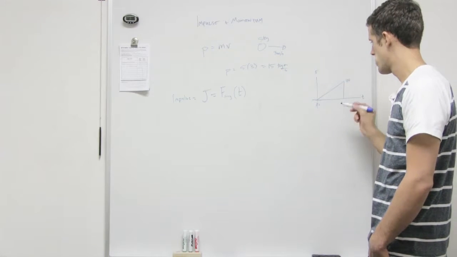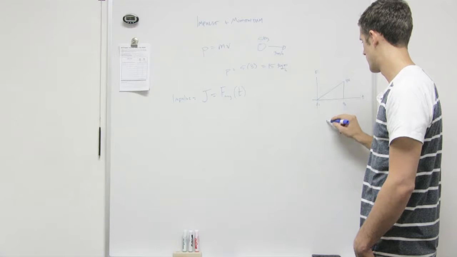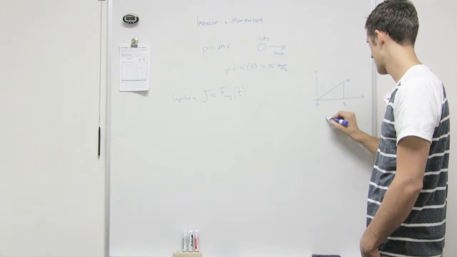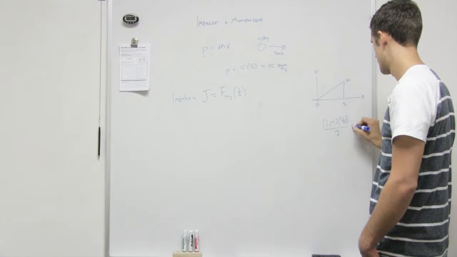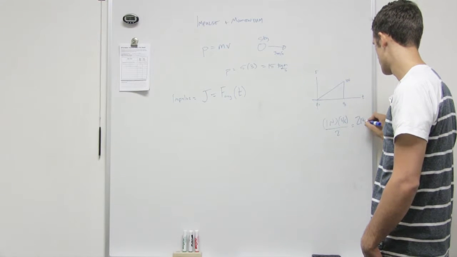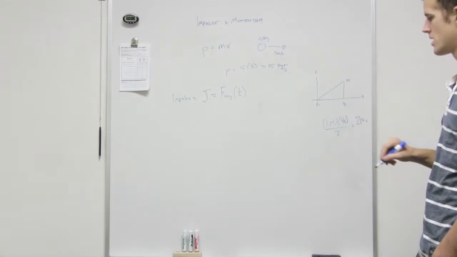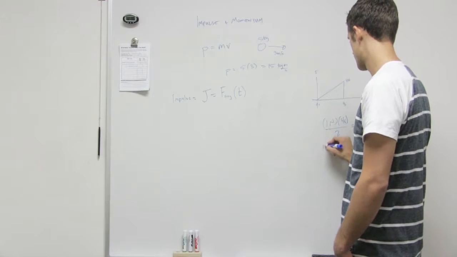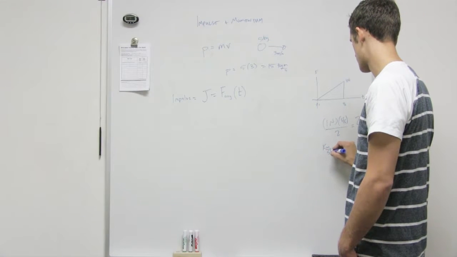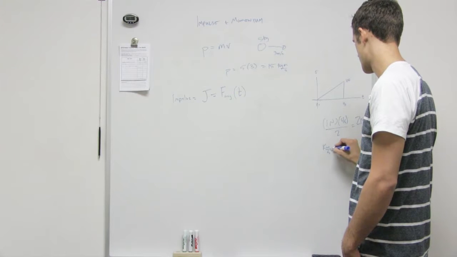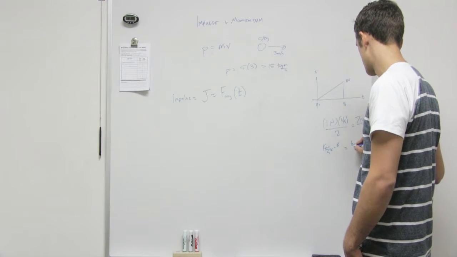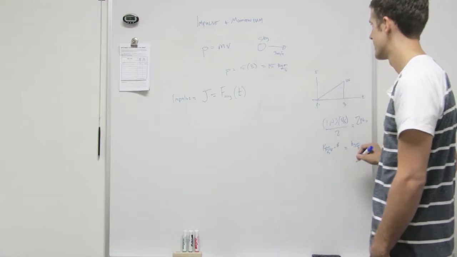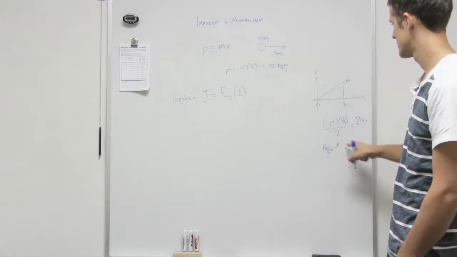It'd just be 2, right? Yeah, so you'd have 1 newton times 4 seconds, and then since it's a triangle, divided by 2, so that would be 2 newton seconds. Okay. A newton is a kilogram meter per second squared, so when you multiply it by a second, that just cancels. You end up with kilogram meters per second, which is the same units.